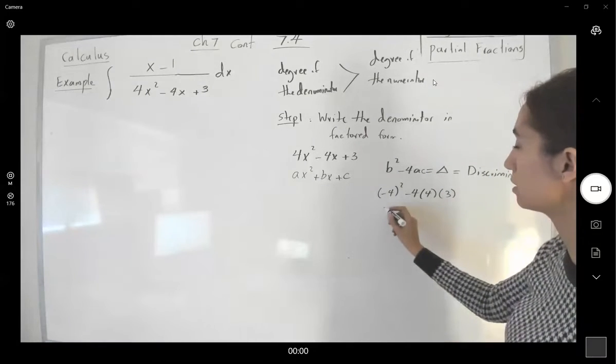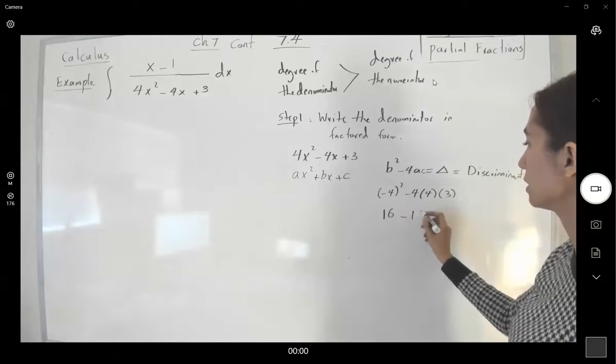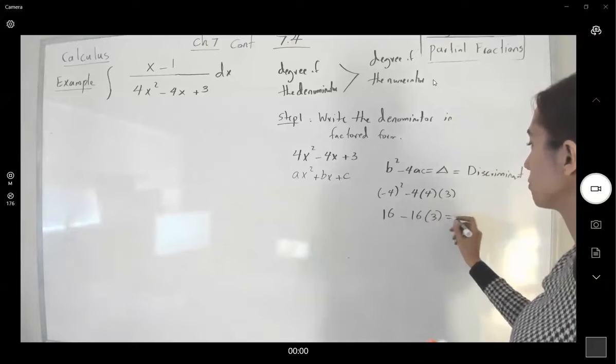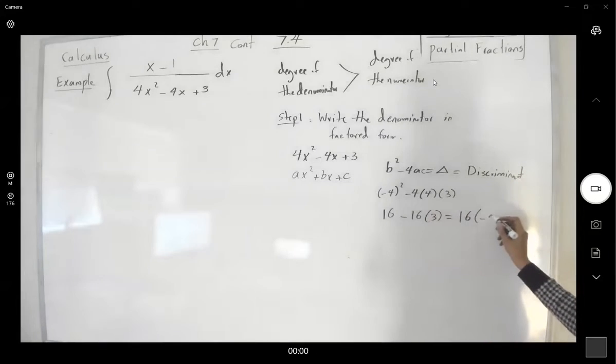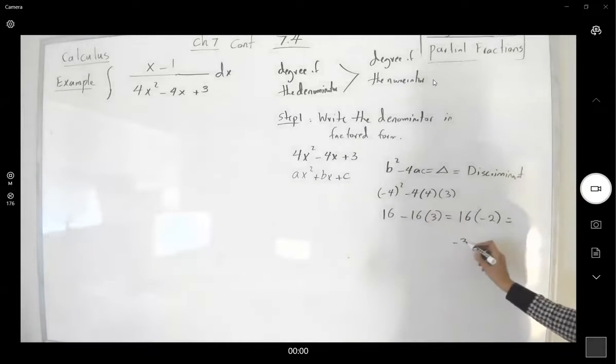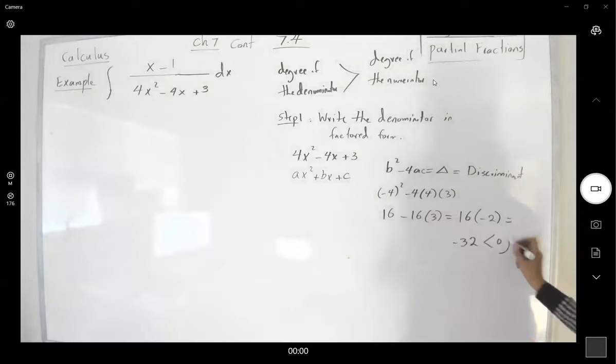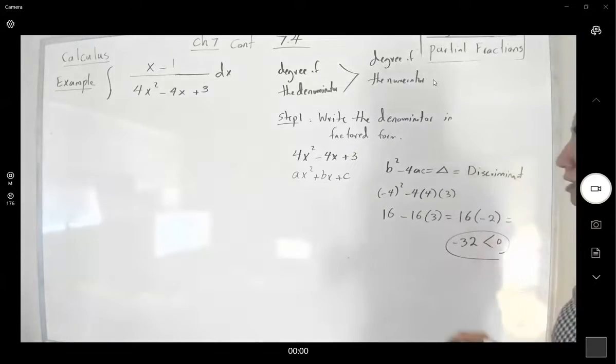So you get 16 minus 16 times 3, or 16 times negative 2, negative 32, which is negative. The discriminant is negative.